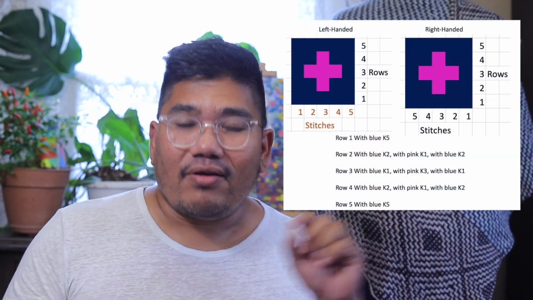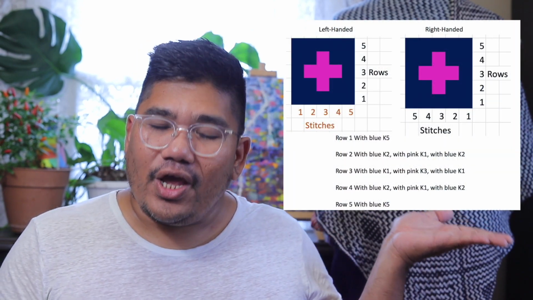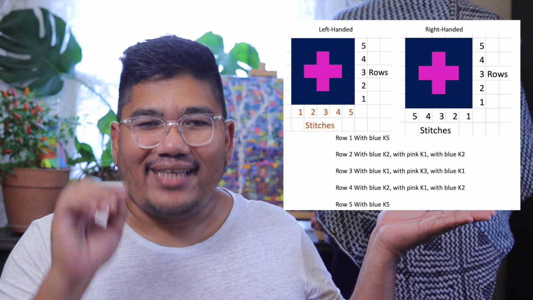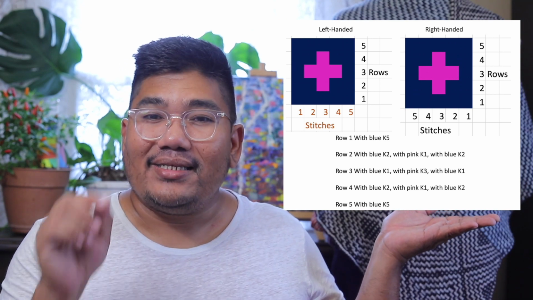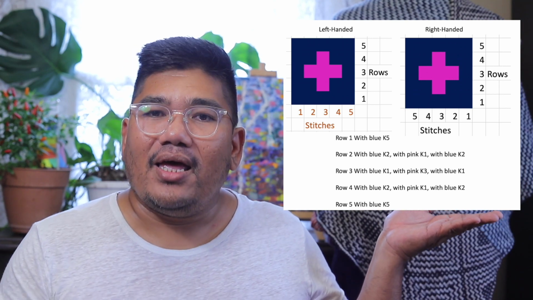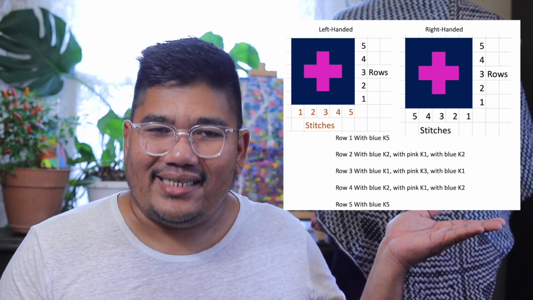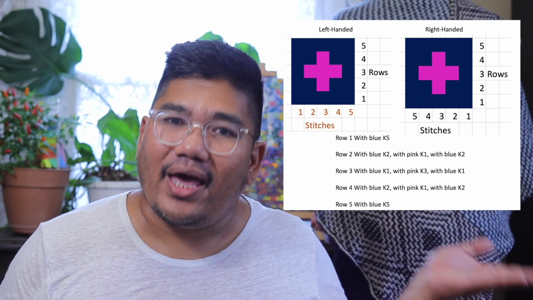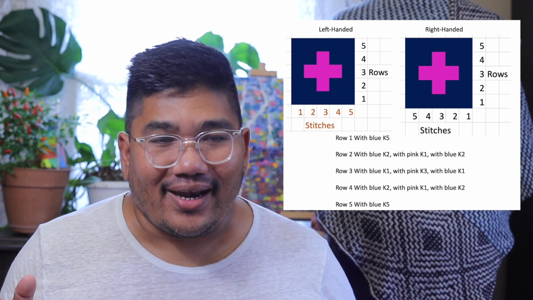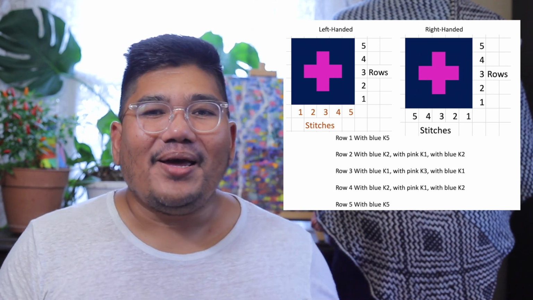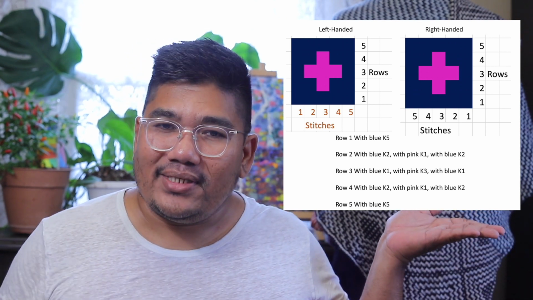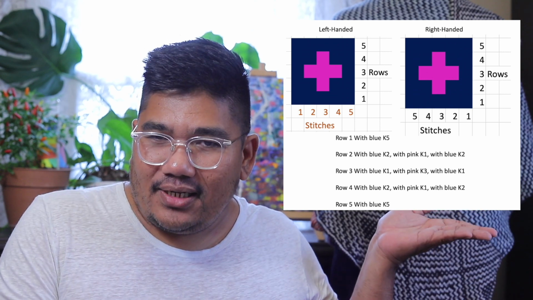If you do that for this exact pattern, you will get the same final product, whether you knit using your left hand as a progressing hand or your right hand. Why? Because the example that I was using is symmetric.